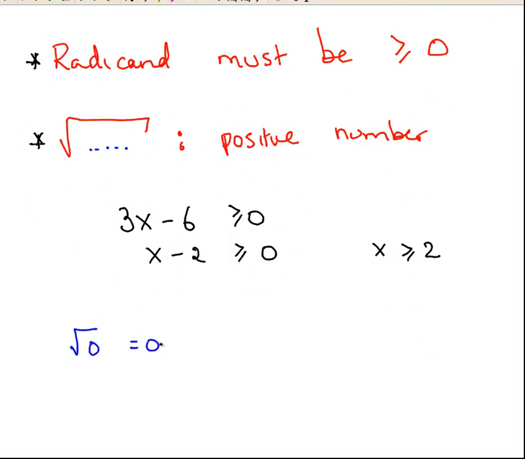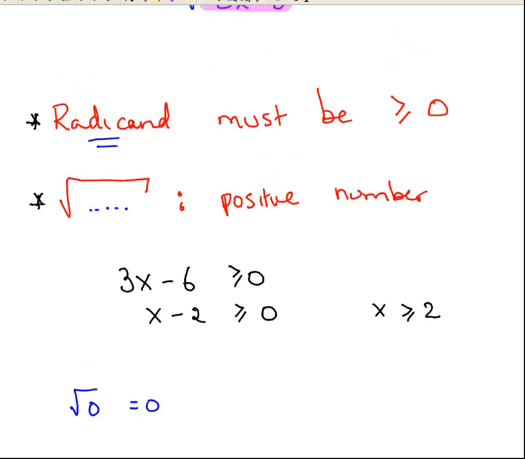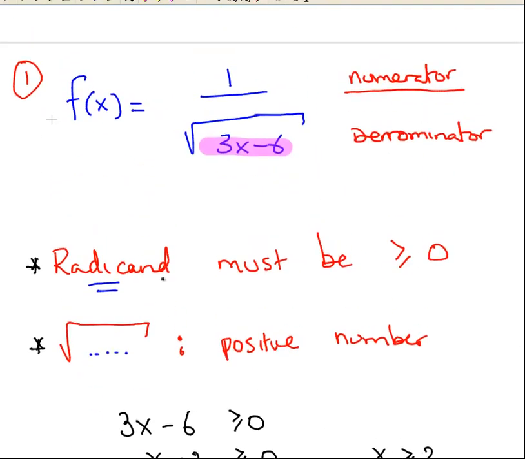This is not general to radicands, it's just because this square root term is also the denominator. This cannot be equal to 0, because if 3x minus 6 turned out to be 0, we would have 1 divided by 0, which we can't have. We can't divide by 0.